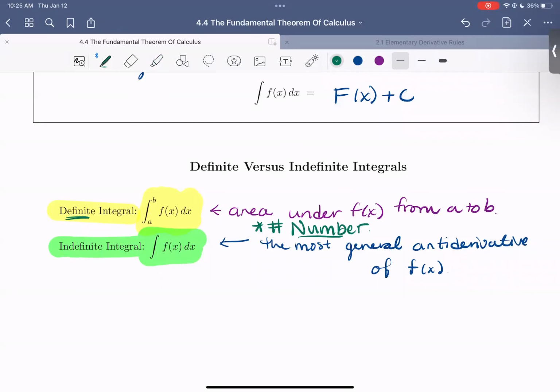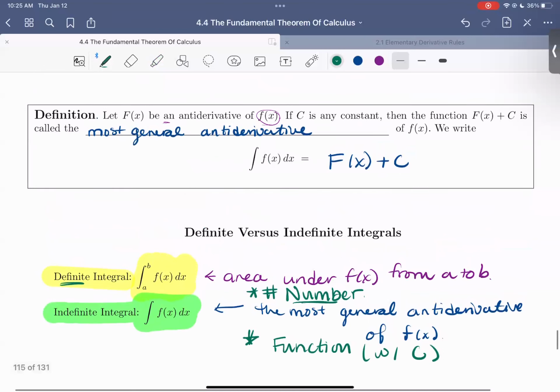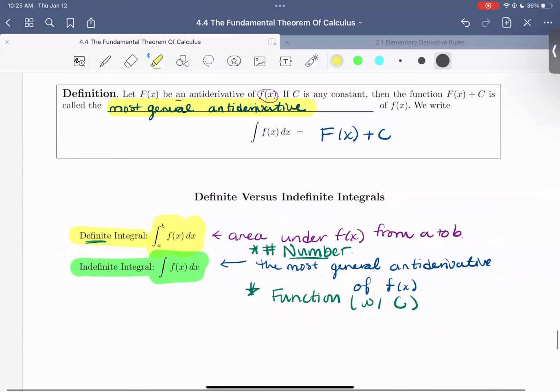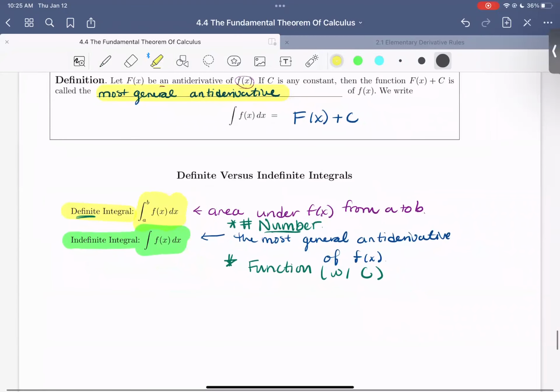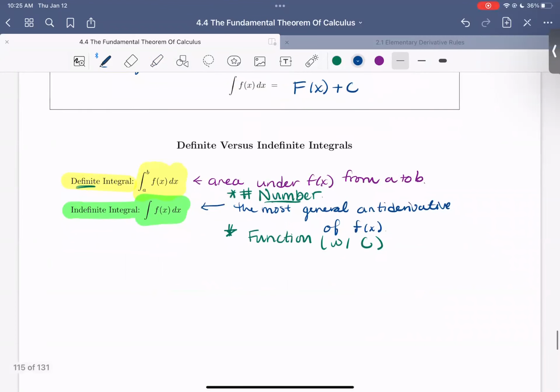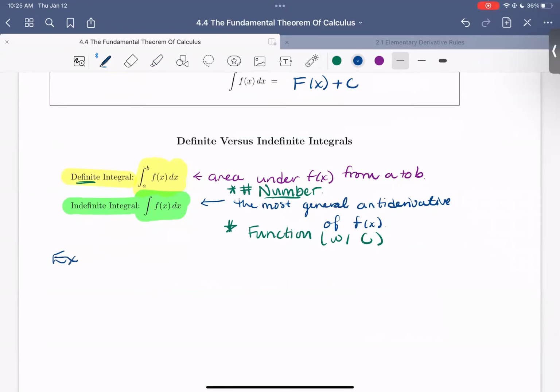So you're going to calculate a number, an area, while this indefinite integral is going to be a function, and it's going to include a c, a function with a constant, just like we saw in that definition of the box above of a most general antiderivative. All right, so let's just end quickly with some examples to compare these different ideas.